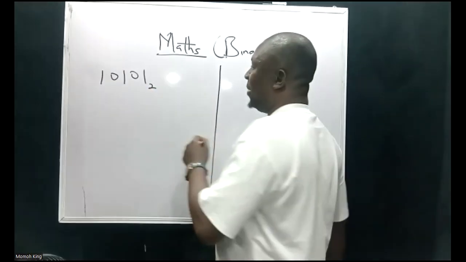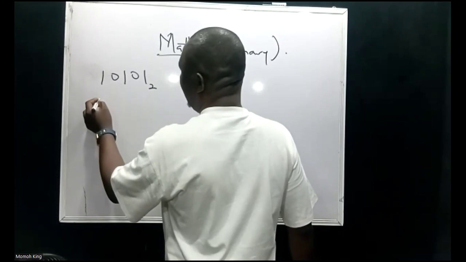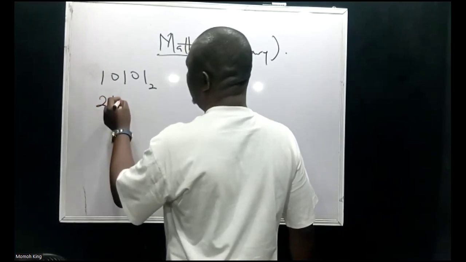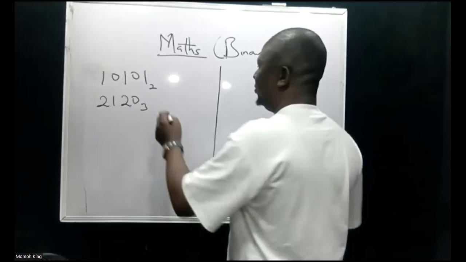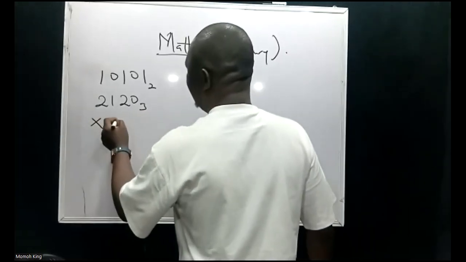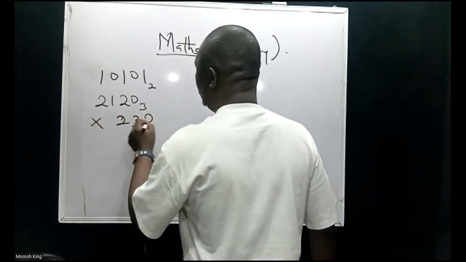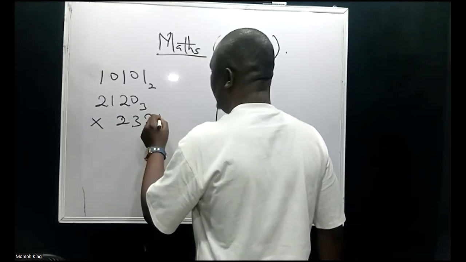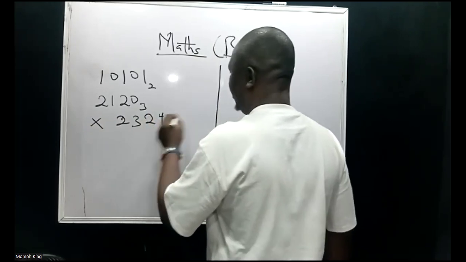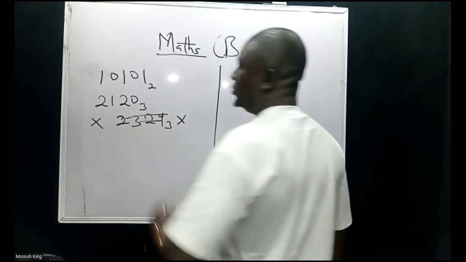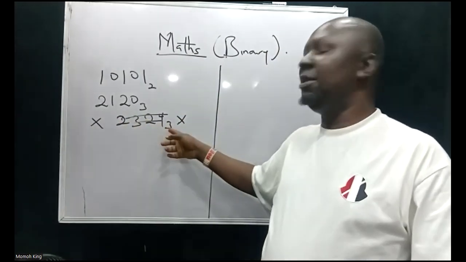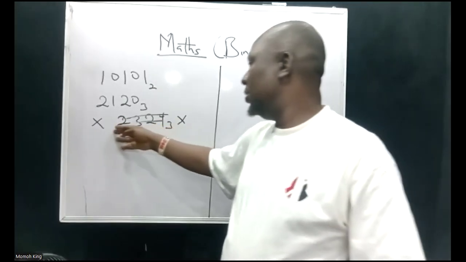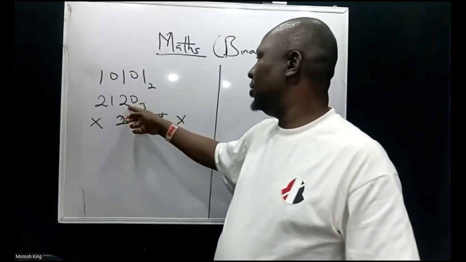If you are going to have a number in base 3, you could have something like 2, 1, 2, 0, base 3. You cannot have something like 2, 3, 2, 4, base 3. It's not possible. No digit will be greater than or equal to the base in the number.